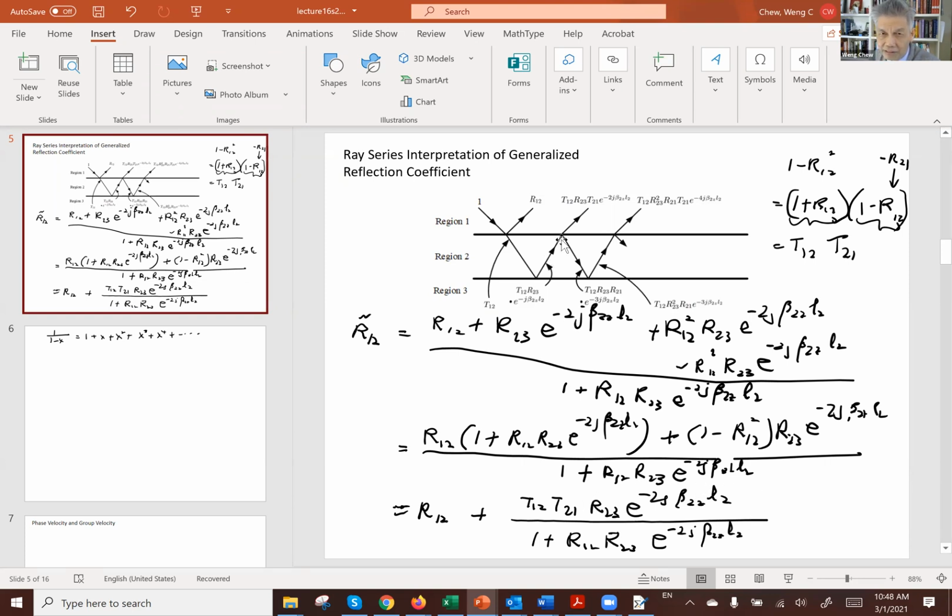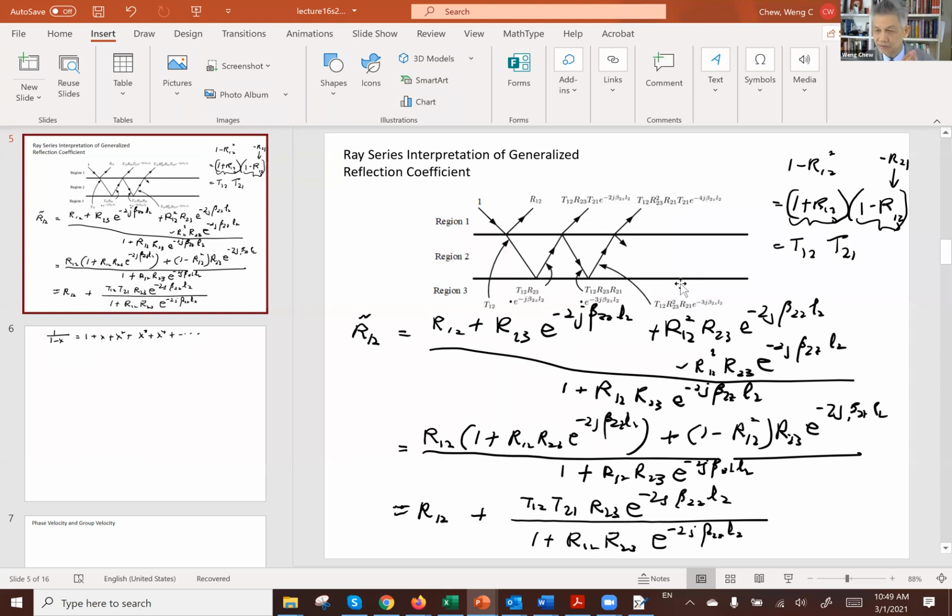And then finally, when it emerges again, it becomes this way because it has to go through a T21 over here. So you can trace this ray series one by one. The first ray will be this, and then you go to the next term, you trace the next ray and so on. Okay, so this is the ray series interpretation of the generalized reflection coefficient, which comes in useful in many works.